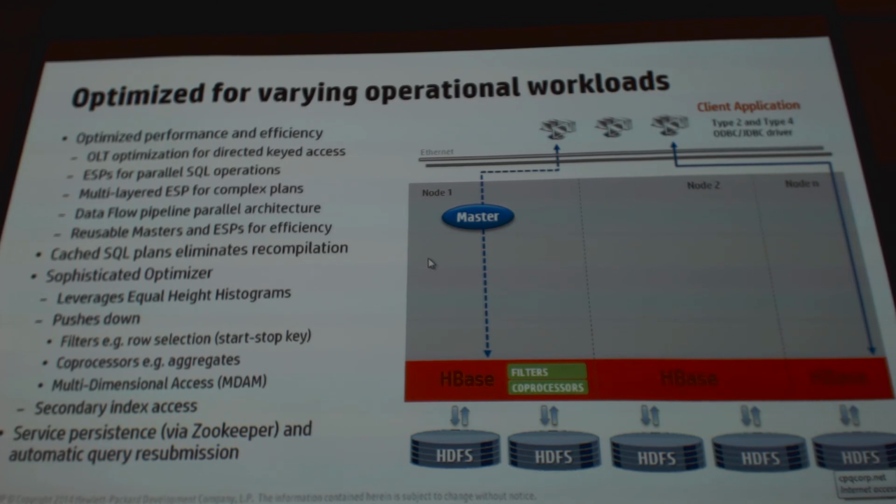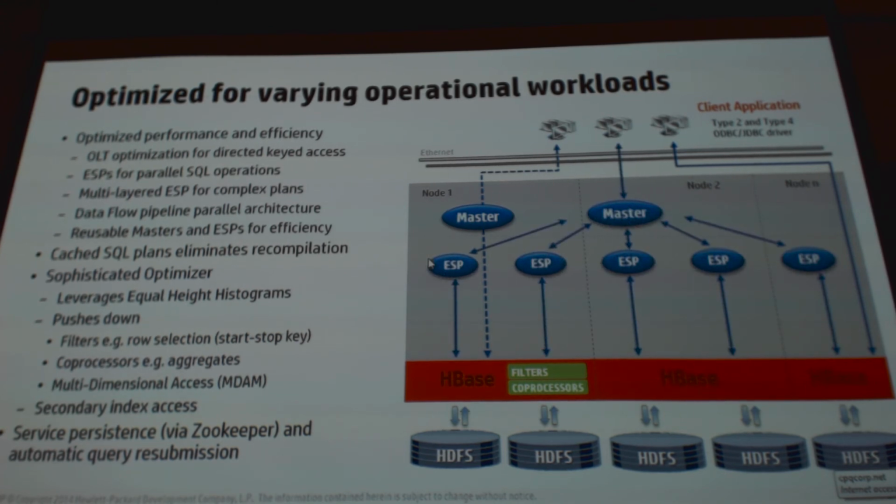But if you have a parallel query processing a lot of data, then you might spawn a whole bunch of ESPs, what we call executor server processes, and each of them runs against a specific region or part of a region, accessing the data in parallel.